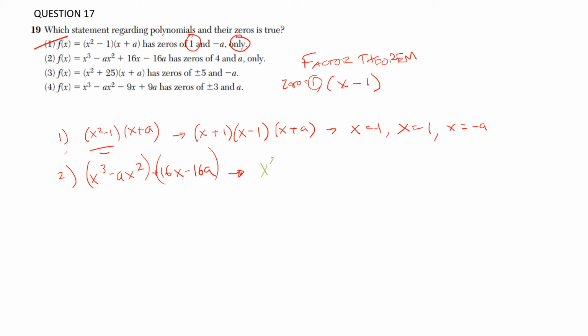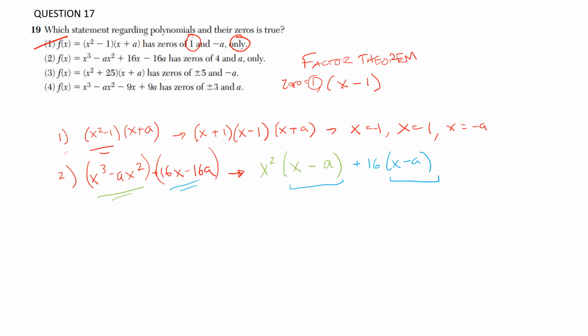We can factor the first part as x squared times x minus a. We'll factor the second part, written in blue, as 16 times x minus a, right? So now we have this shared factor among both of them.